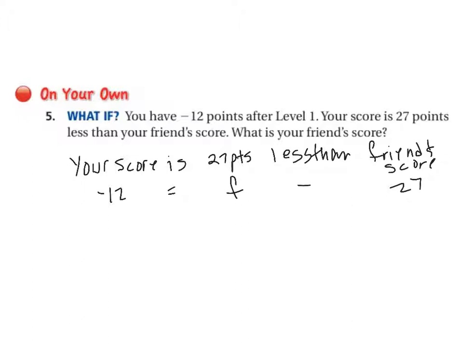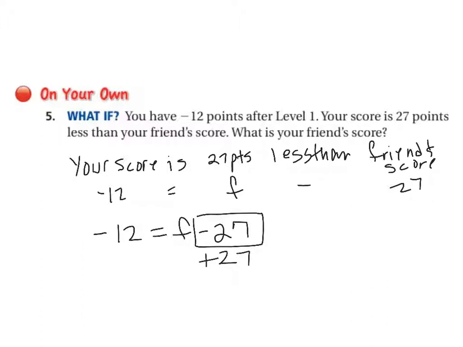So now we just need to solve it. So let's write this out so we can use it. Negative 12 equals F minus 27. And then we need to look at our 27 and the sign in front of it, and we want to get that F by itself, so we're going to add 27 to both sides.